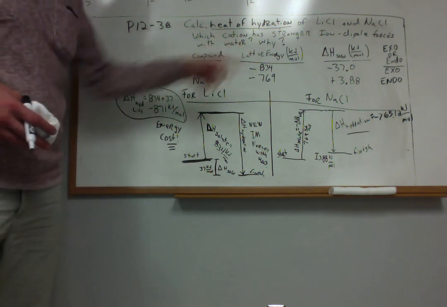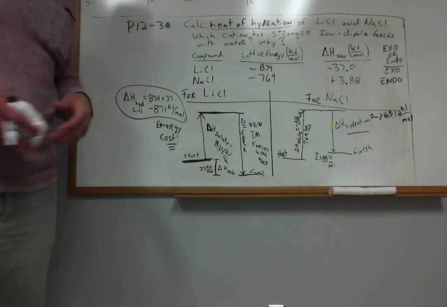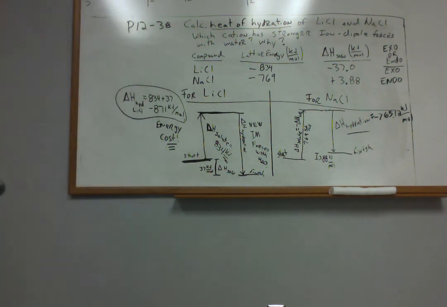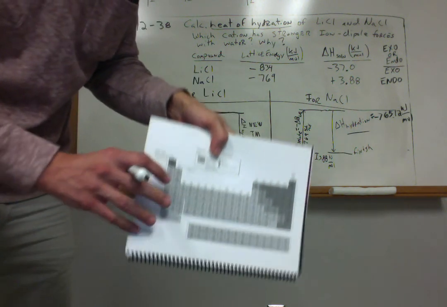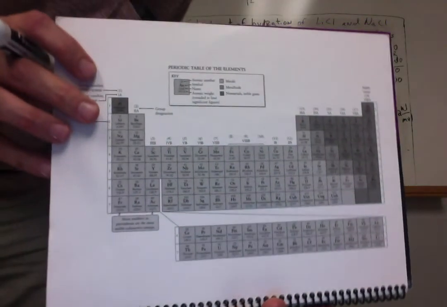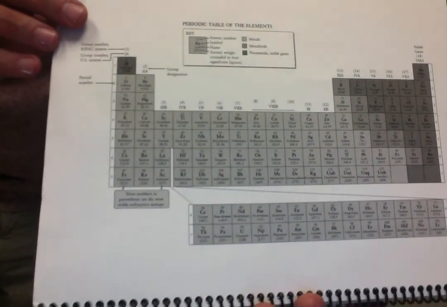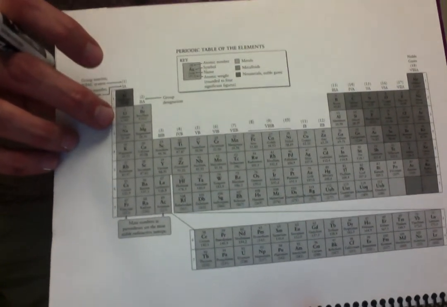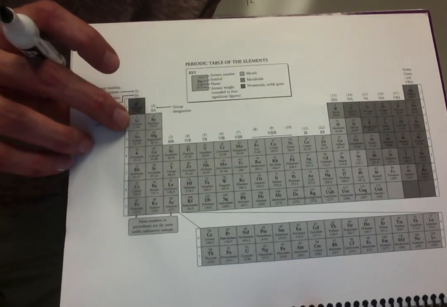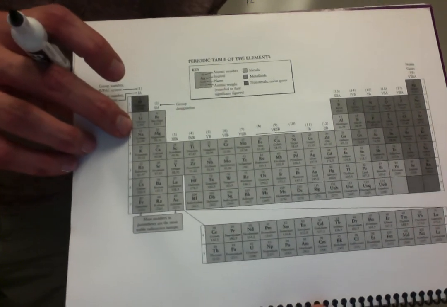Now, why is that? Okay, well, if you look at your periodic table of the elements, let me see if I can track one down for you real fast. Okay, periodic table of the elements. Let's see if I can get it close enough to the camera and you can sort of see it here. Okay, and we look over here where we see lithium and sodium, right? Notice that lithium is above sodium on the periodic table.